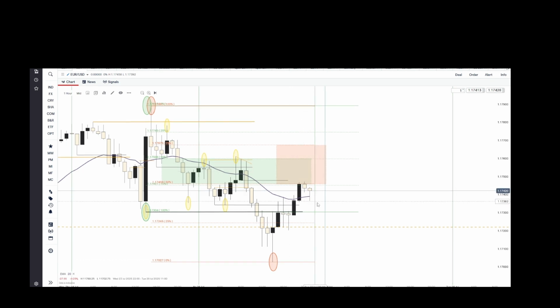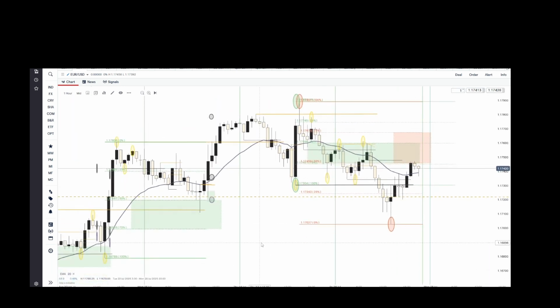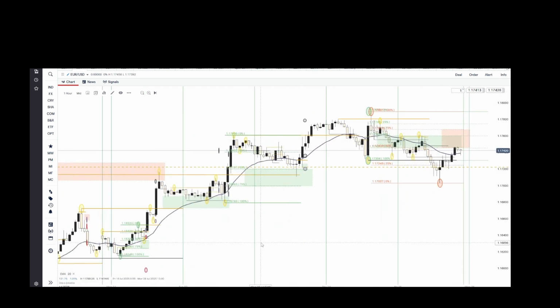If we start getting price reacting and breaking below this structure point, then we're back into bearish price action, because we can see here the whole of this week was stepping up bullish until we get into Thursday.